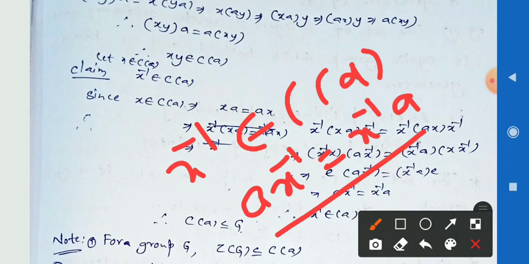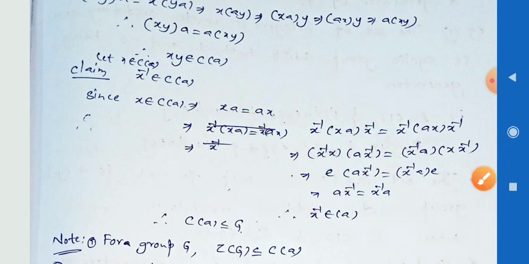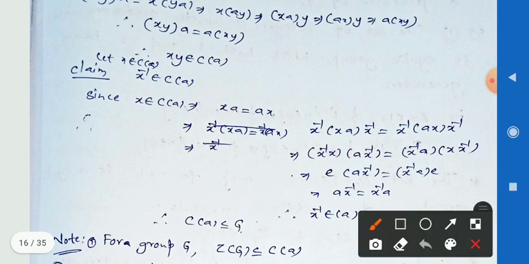For that, I am taking x belonging to C of A. By doing simplification, I can show that x inverse belongs to C of A.